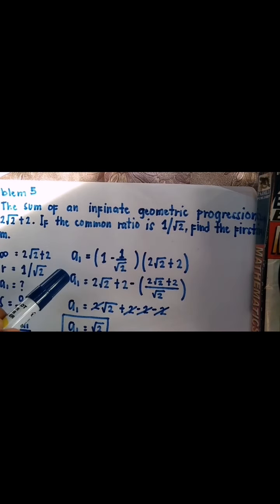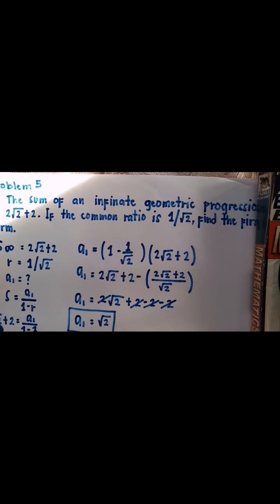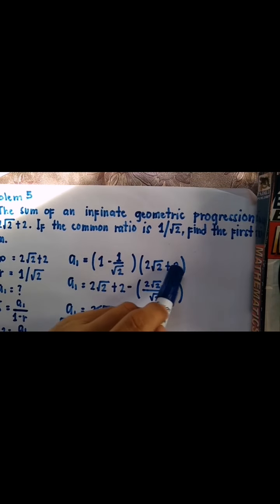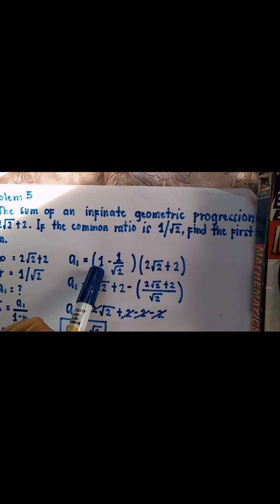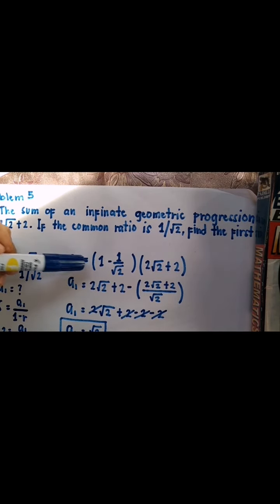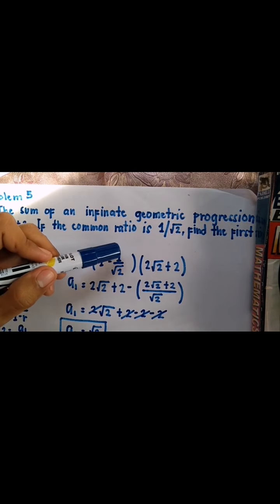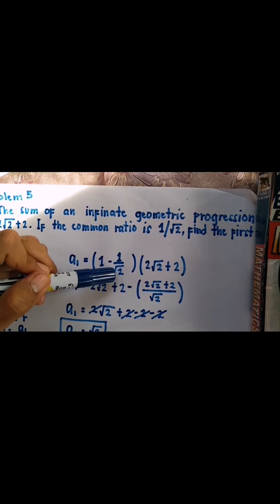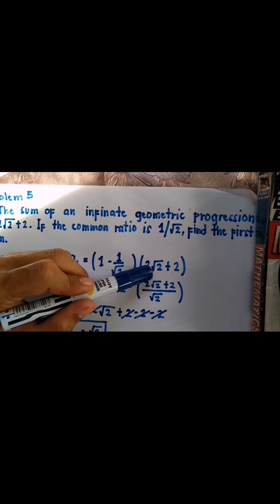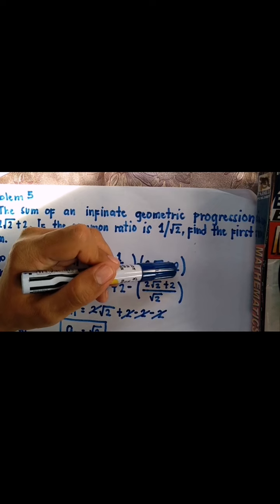We rewrite it in this way. So a sub 1 is equal to 1 minus 1 over square root of 2, times 2 square root of 2 plus 2.